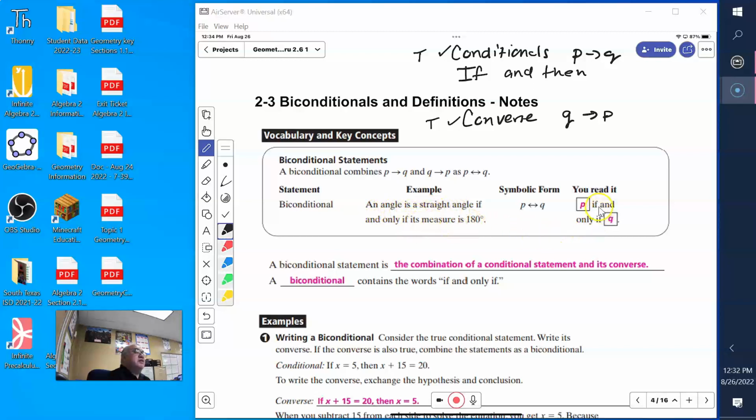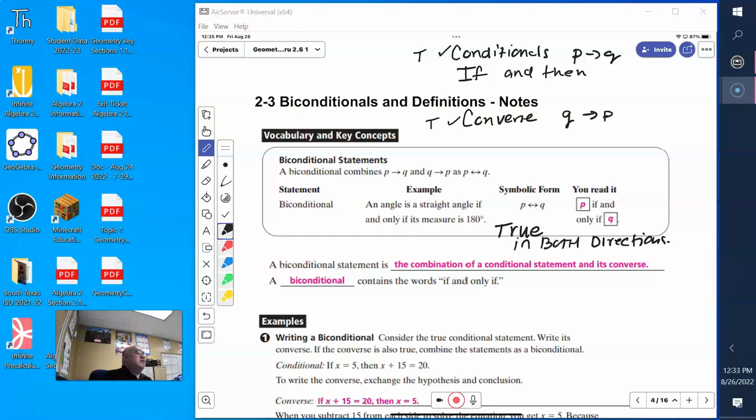So that's why we have that if and only if. That means it's true in both directions. So I'm going to write true in both directions. In other words, the conditional and the converse are both true.